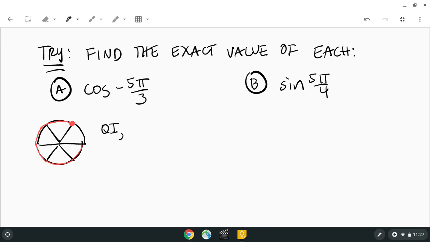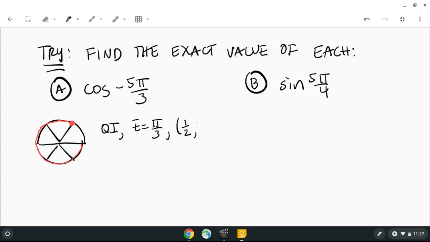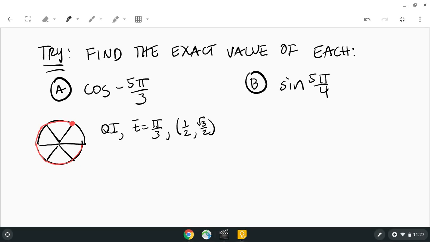My reference number is pi over 3, and we know that that is associated with 1/2, square root 3 over 2. And we don't have to worry about anything being negative.